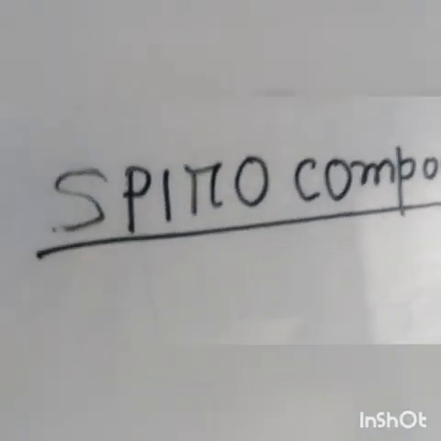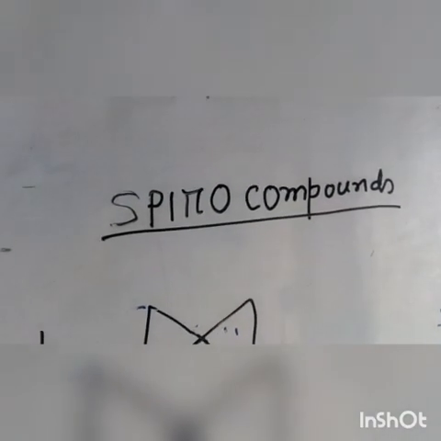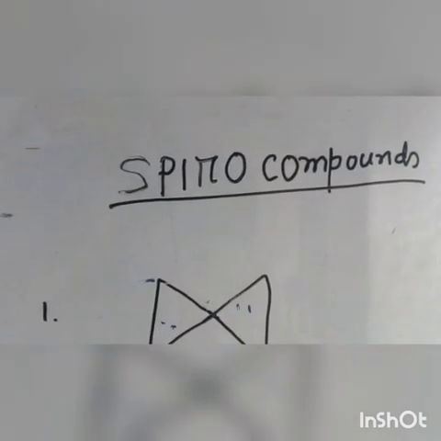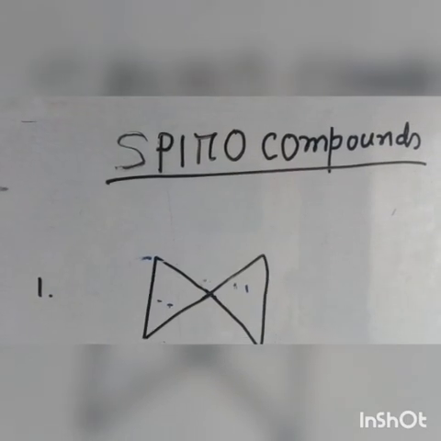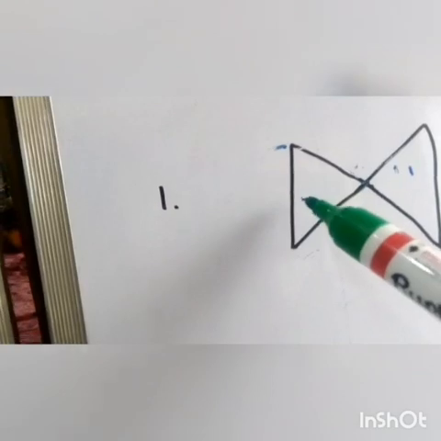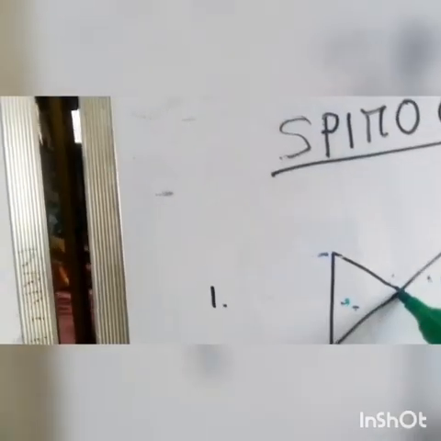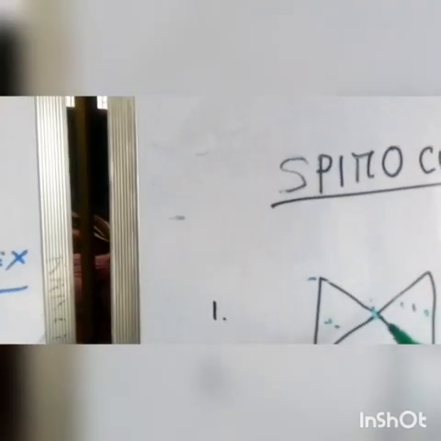This is a spiro compound. In spiro compounds, 2 rings are joined by a quaternary carbon at the apex. Here ring 1 and ring 2 are fused at this carbon atom. This is a spiro compound, so in the prefix it should be spiro.